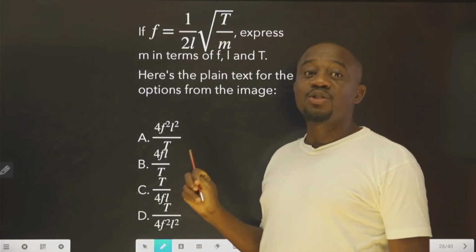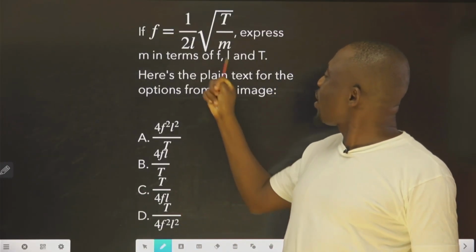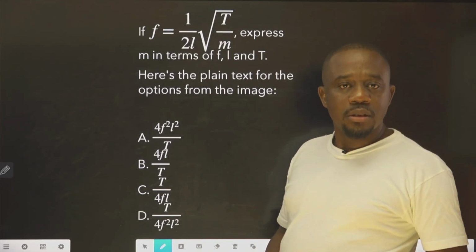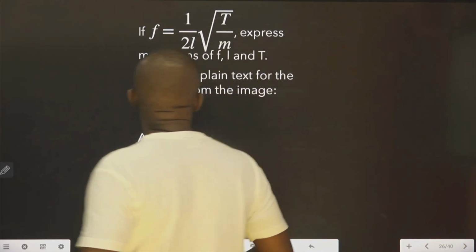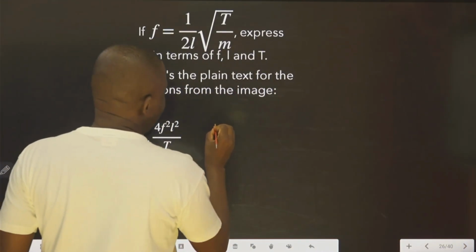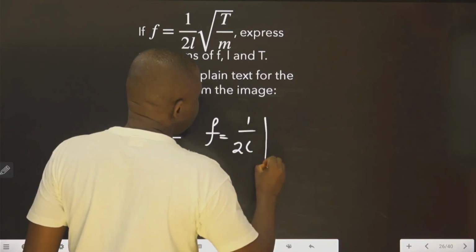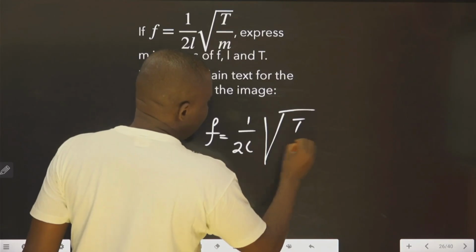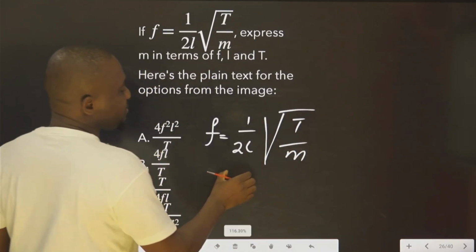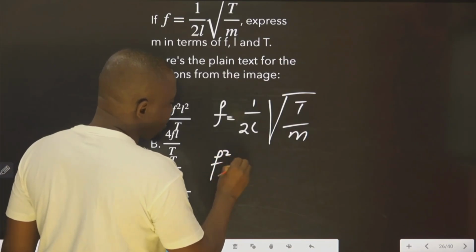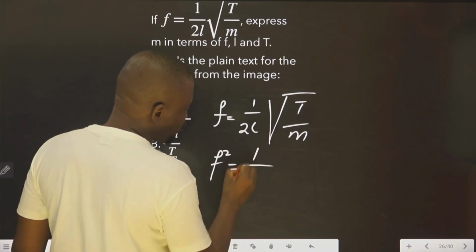Okay? Let's look at this. We are asked to express m in terms of the other terms. That is f equals 1 over 2l, square root of t over m. Make m the subject of the formula. First of all, we're going to square throughout. If you square this, it is f squared.